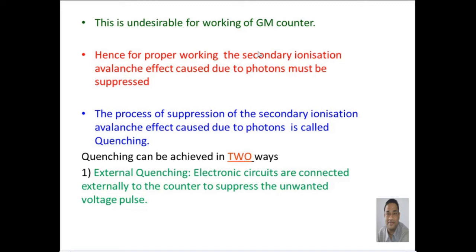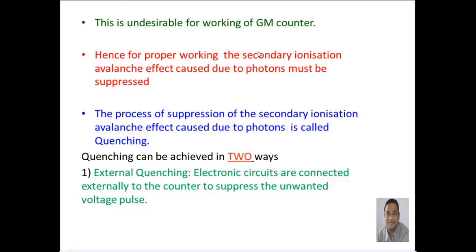So, for proper working of this GM counter, the secondary ionization avalanche effect caused by the photons must be suppressed. And the process of suppression of the secondary ionization avalanche effect caused by the photons is called quenching.